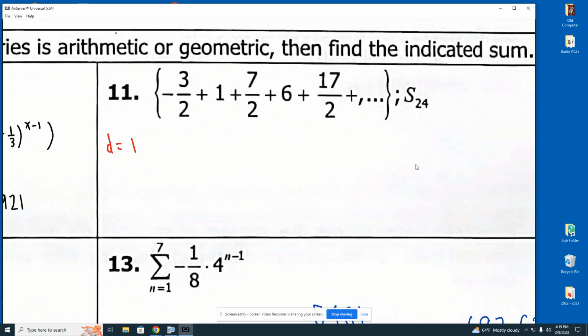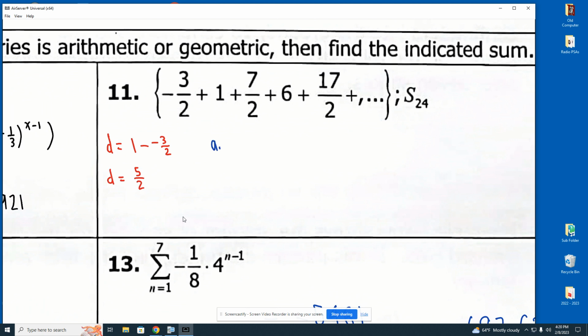Second term, 1, minus the first term, negative 3/2. Now I know minus negative is plus, so what we really have here is 1 plus 3/2, and that is 5/2. Okay, now I'm going to leave this one as 5/2 because all of these are written as fractions. If these were decimals, I would have changed that to 2.5. You still can, but I like consistency with my answers.